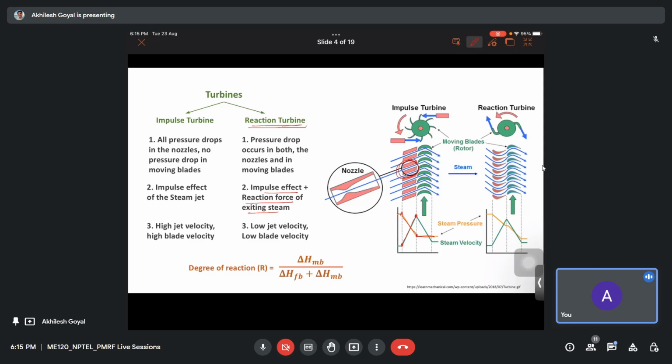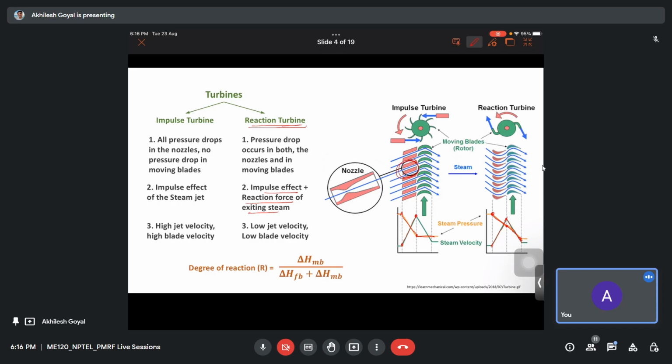But you can see in the case of a reaction turbine, the pressure drops in the nozzles from this point to this point. The result of this is the velocity increases from this point to this point, but as the steam moves to the moving blades, the pressure still drops in the moving blades from here to here, and the velocity is also dropping from here to here.